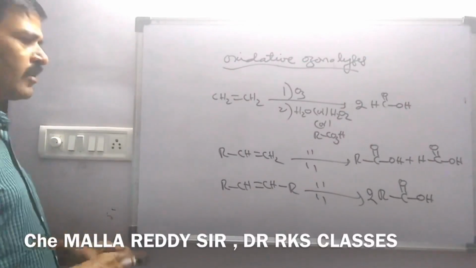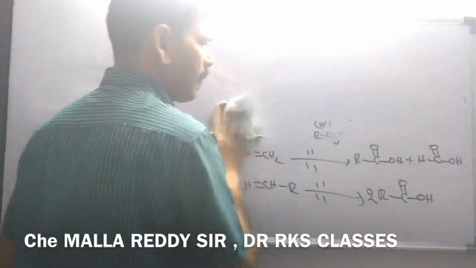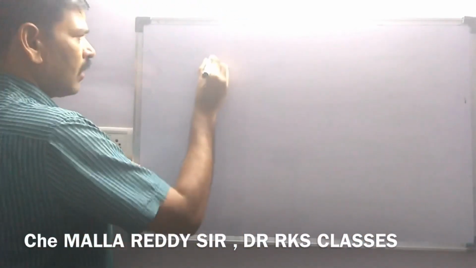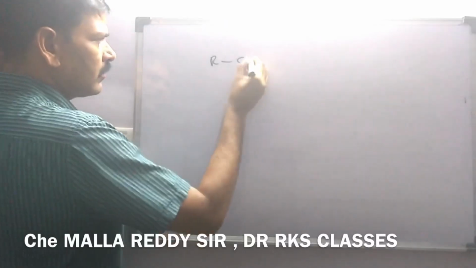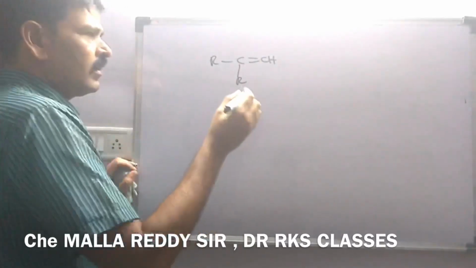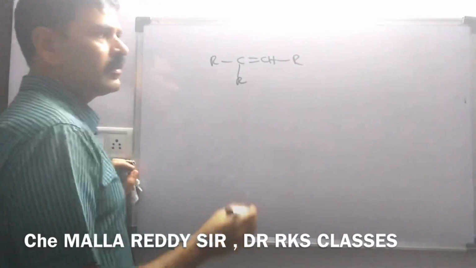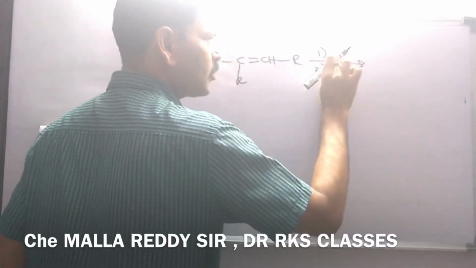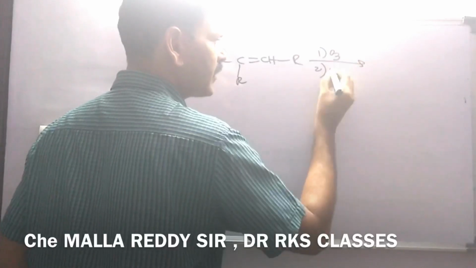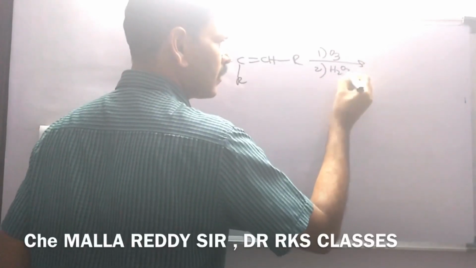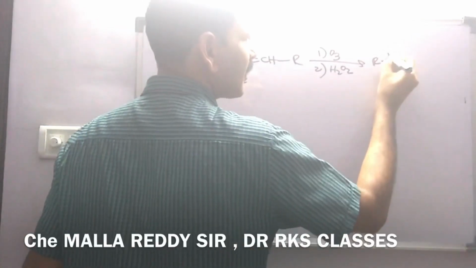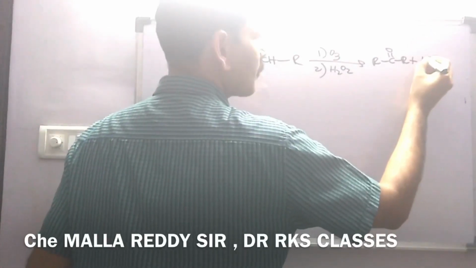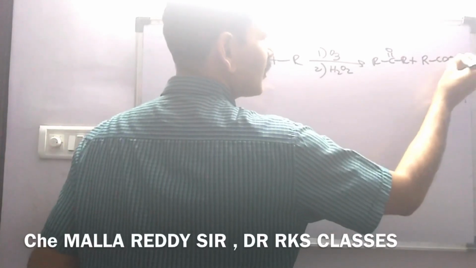Similarly, just observe here. RCR double bond CHR on oxidative ozonolysis, you are getting RC double bond OR, one is ketone, another one is carboxylic acid.